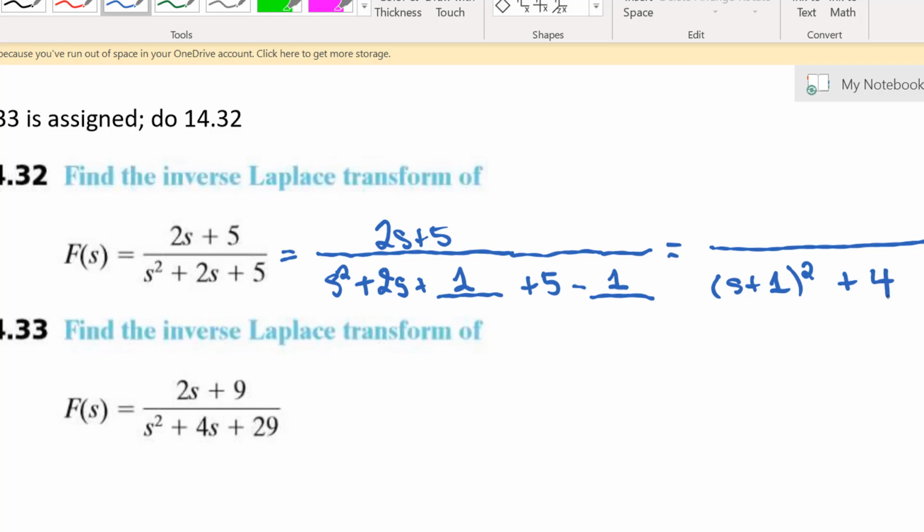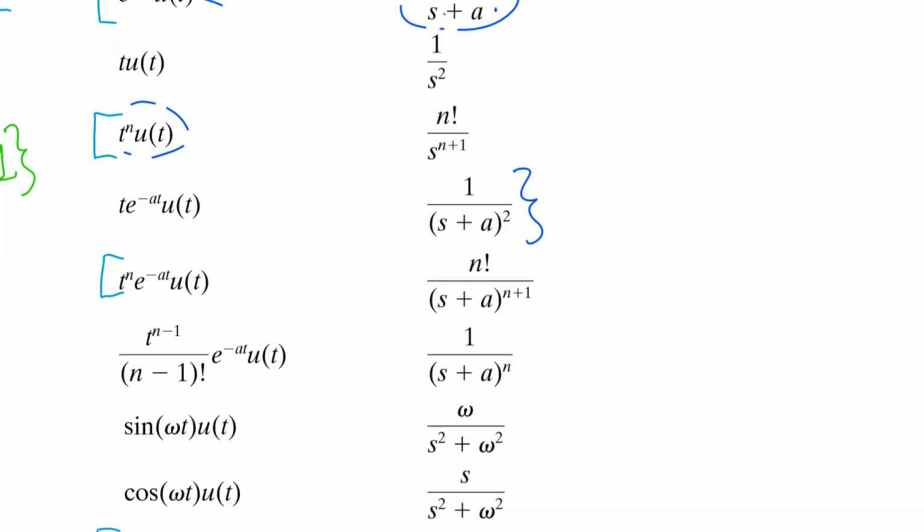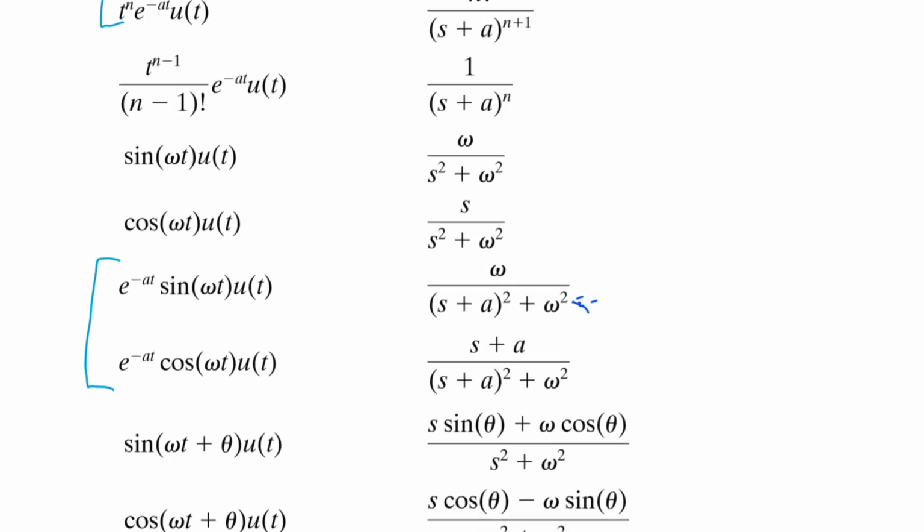Now I'm just going to go back to that table for a minute, because we see those in the denominator here. So completing the square part plus a number squared. So we're looking at these two right now because our denominator is of that form.